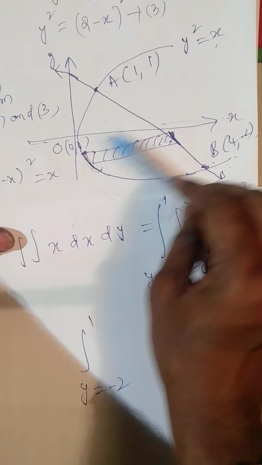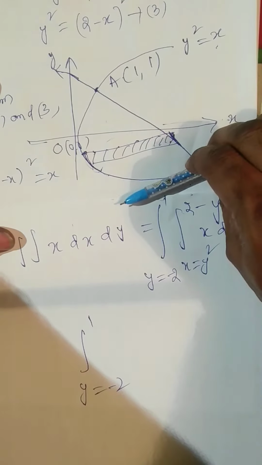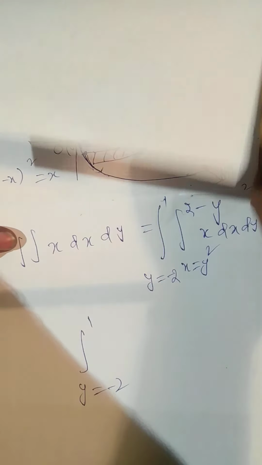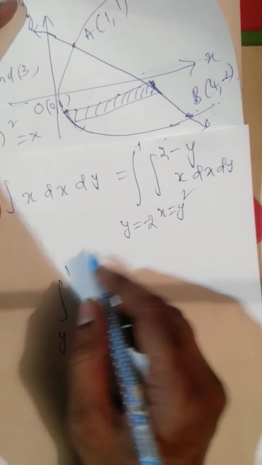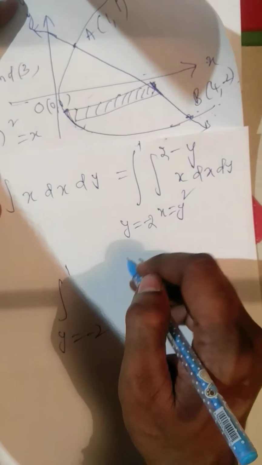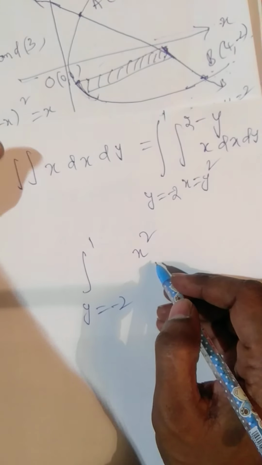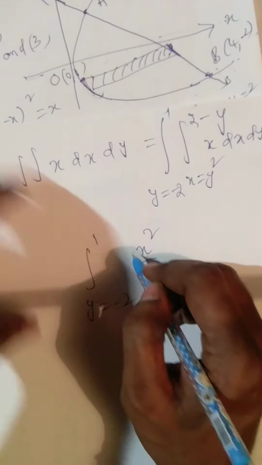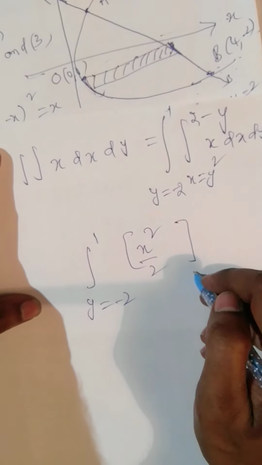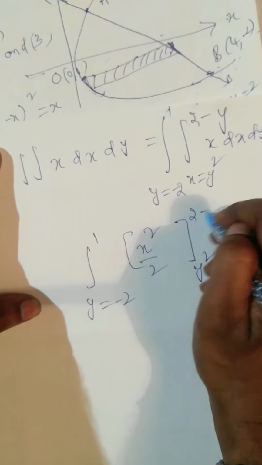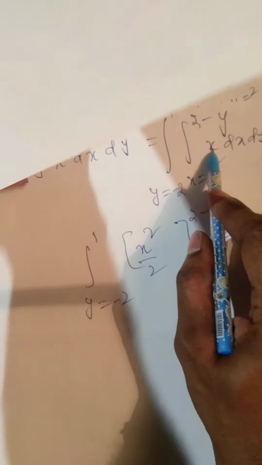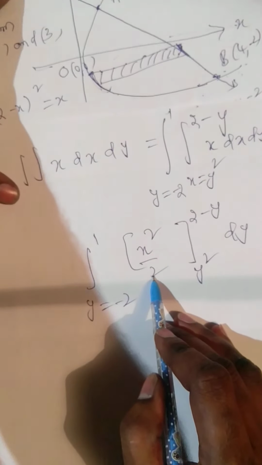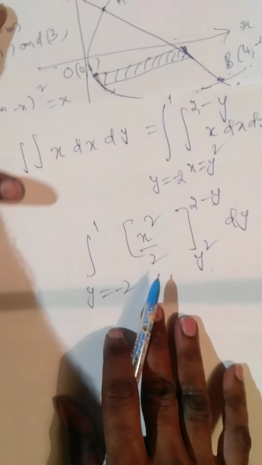The y limits are minus 2 to 1, x dx dy. If I integrate with respect to x, I get x square by 2, with limits y square to 2 minus y, dy. The integration of x is x square by 2, right?